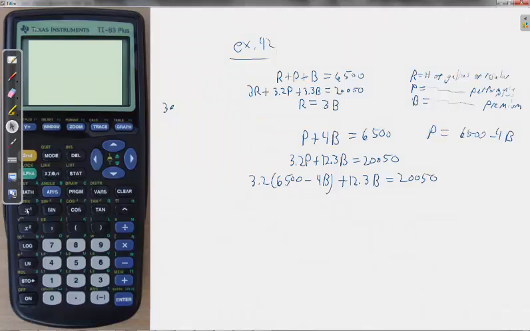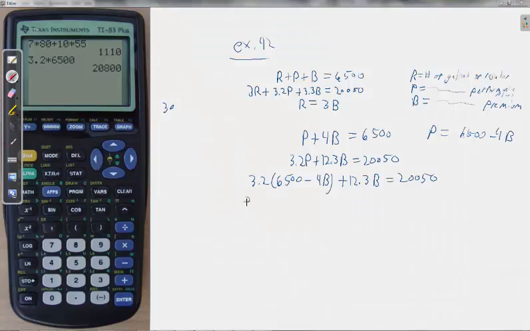So 3.2 times 6,500 is 20,800, minus 3.2 times 4, which would be 12.8B, plus 12.3B, equals 20,050.